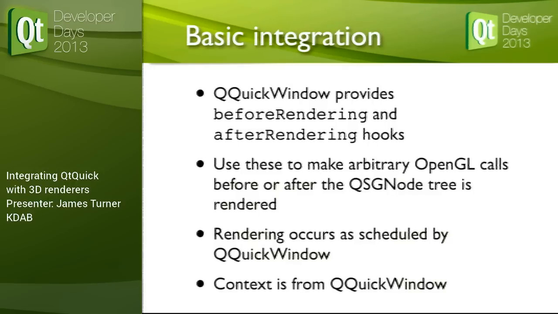And these get called, as you might imagine, before it does the rendering phase, so before it sends OpenGL commands, and after the rendering phase, after it's done all its OpenGL commands. Hooray. And you can use these to make arbitrary OpenGL calls before the SG node tree is rendered.